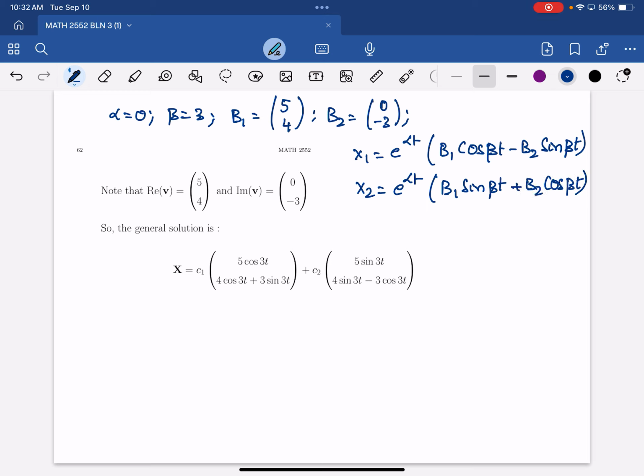Nothing tricky here. So my x is going to be c1 x1 plus c2 x2. So if I run through the process, this is my solution. Agree? Are you all okay with that? Yes?